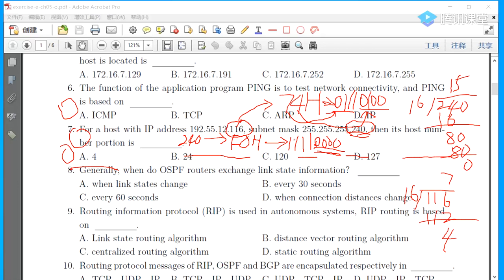So from the subnet mask, we know these 4 bits are the host portion. So we get these 4 bits, 0 1 0 0. That is the host number portion. So 0 1 0 0, that is 4.